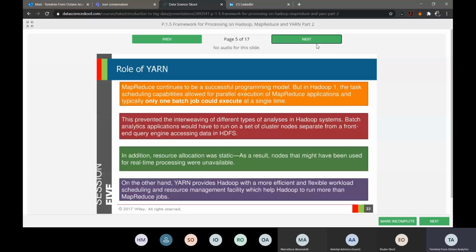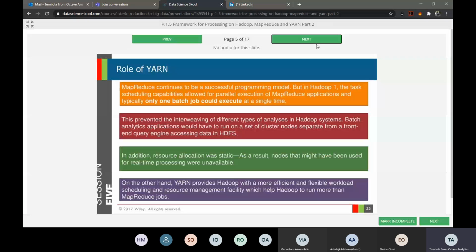It was purely HDFS and MapReduce. But MapReduce wasn't optimizing the full functionalities of all the components of the Hadoop ecosystem. We couldn't utilize it properly. That was why Yarn was created in Hadoop 2.